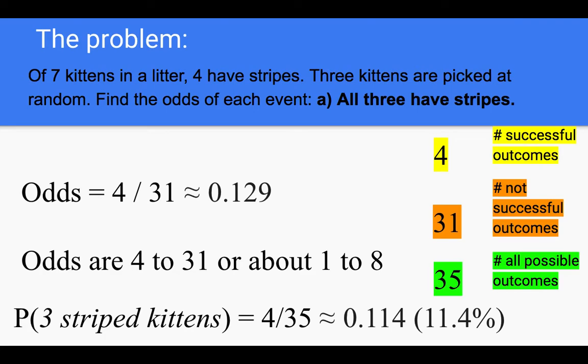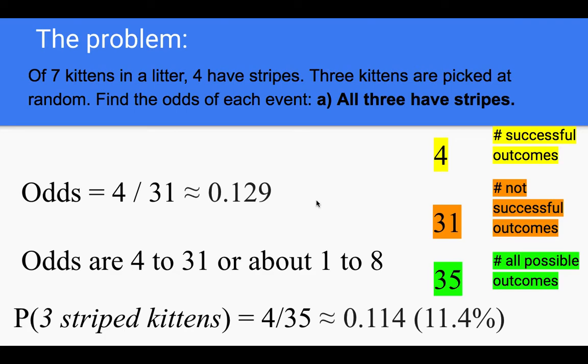There is a probability of 11% that we have this scenario, that all 3 that we have randomly chosen have stripes. And the odds, if you think about the odds in percentage, this is 12.9, it's almost 13%.